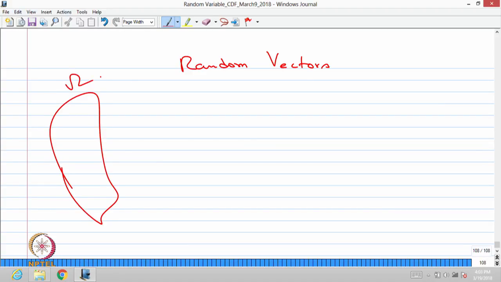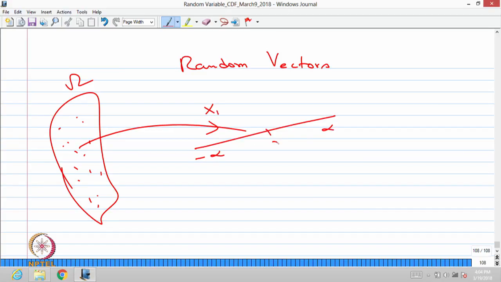The omega consists of many samples. It could be finite, countably infinite or uncountably many. One random variable is defined as x1. Another random variable defined from the omega is x2.